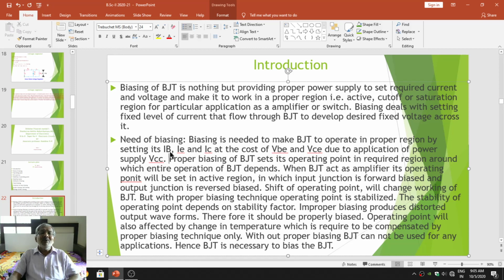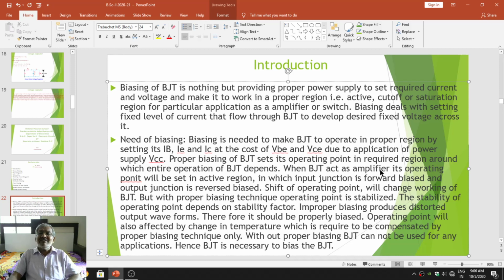Means if proper magnitude and proper polarity of supply VCC is connected, biasing sets the position of operating point around which the working of BJT depends. Operating point may be located in the active region or may be located in the saturation and cutoff region. To adjust it, the biasing is needed.